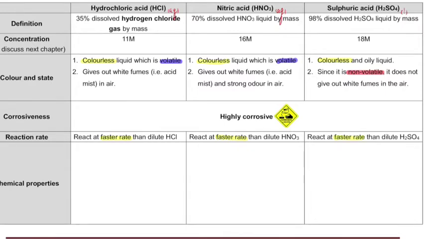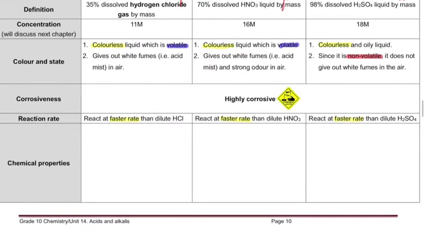And then for the last row, we are going to talk about the chemical property. For concentrated hydrochloric acid, it would almost behave the same as the dilute hydrochloric acid, but it just gives you a faster rate. So you need to write down, it will only show acidic property.